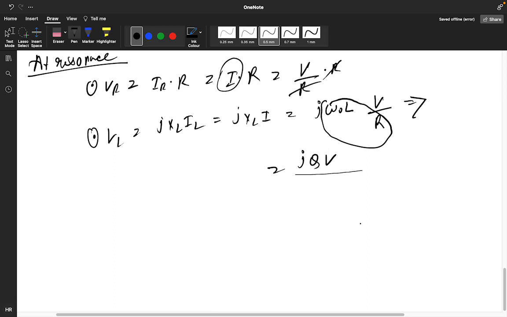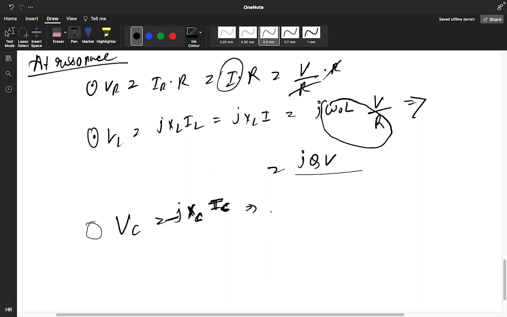Same thing we can do for capacitive voltage. So for capacitive voltage, VC is equal to jXC into IC. This is your capacitive voltage, and minus will come: minus 1 by omega C, it's coming now.